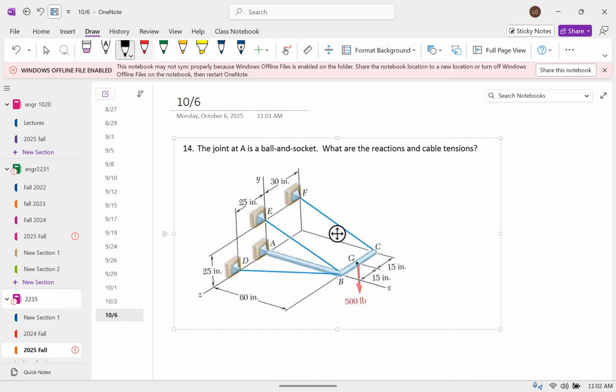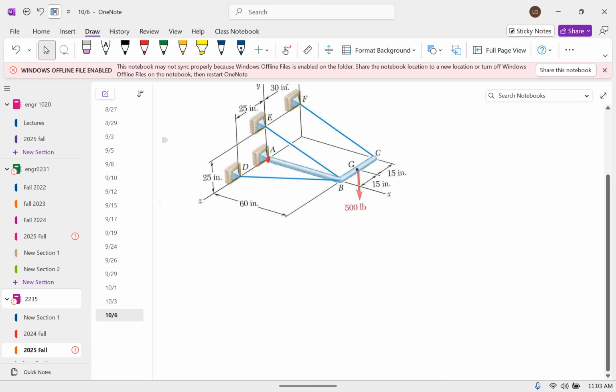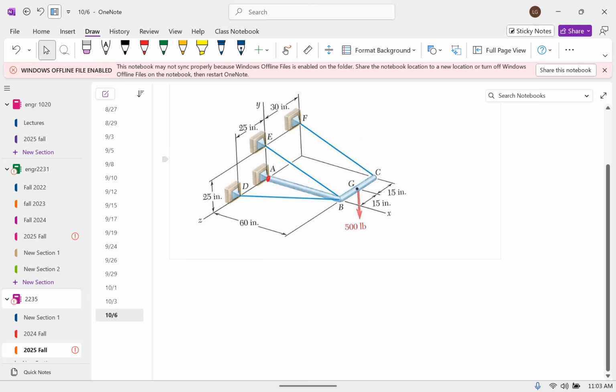So just like it suggests, I'm going to put my origin there. And I'm also going to put my row vector there. And so let's come up with coordinates for these points first. A is the origin.